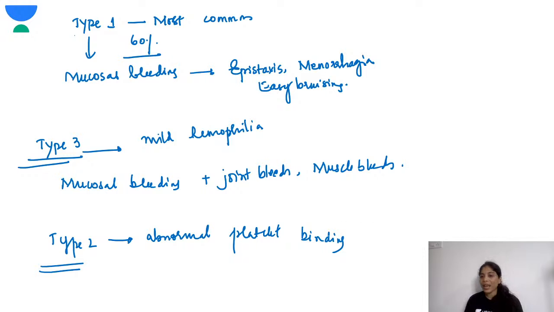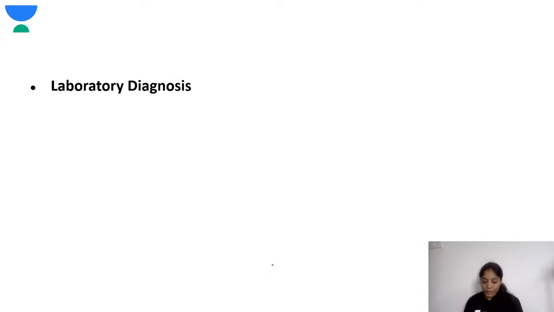So all of these will have abnormal binding, but we will not discuss it so much. There is mucosal bleeding in these patients, similar to platelet disorders, and they might also have mild hemophilia. Next, coming to the lab findings, what do you see?